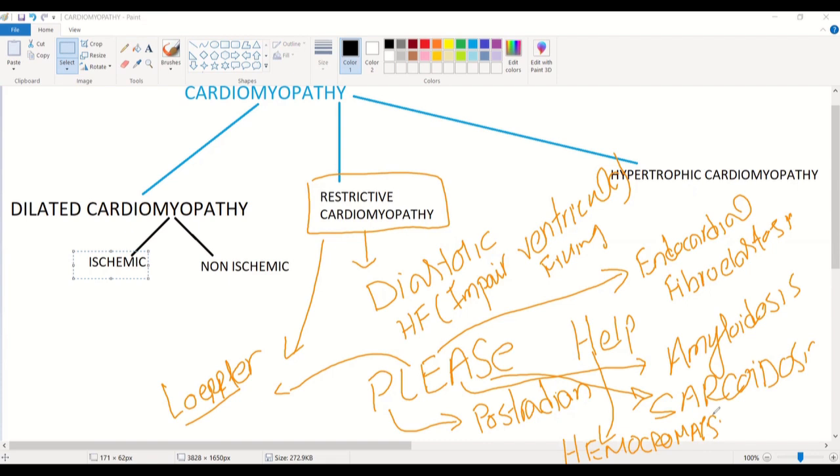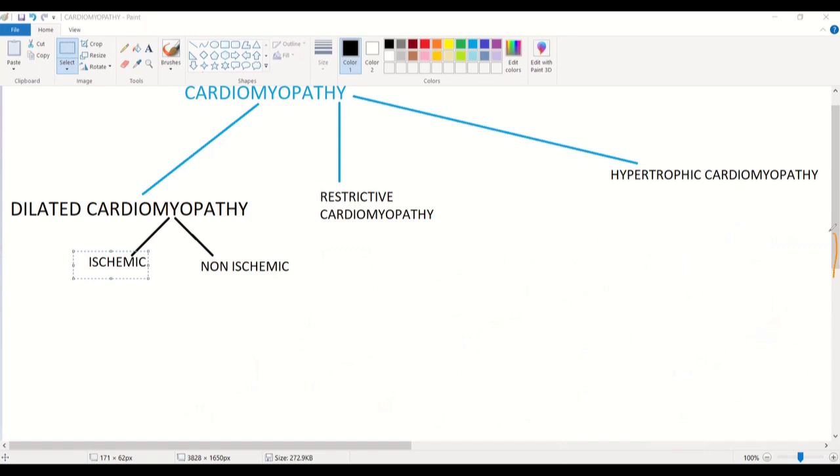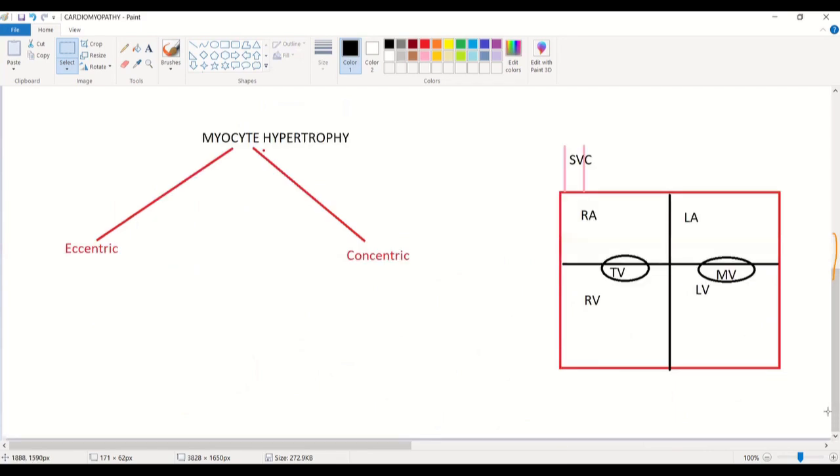So in restrictive cardiomyopathy, what happens on the atrial side? The filling of the ventricle is impaired, so blood accumulates in the atria and the atria are enlarged. So sometimes the clinical picture shows biatrial enlargement.